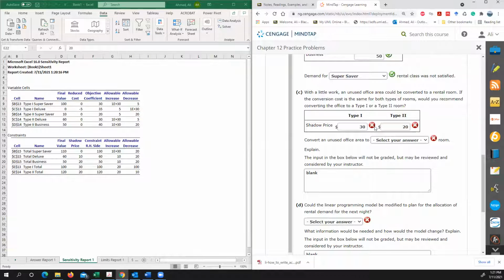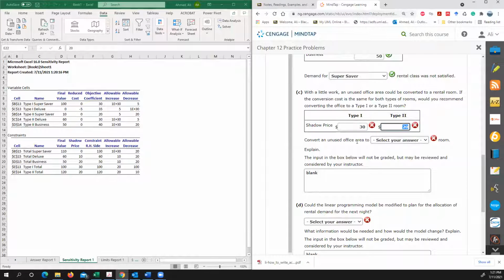Now we have to know which type is better. What this tells us is, if we put an additional room of type 1, we will make a profit of 30. But if we put an additional room of type 2, we will make a profit of 20. This is what shadow price tells us.